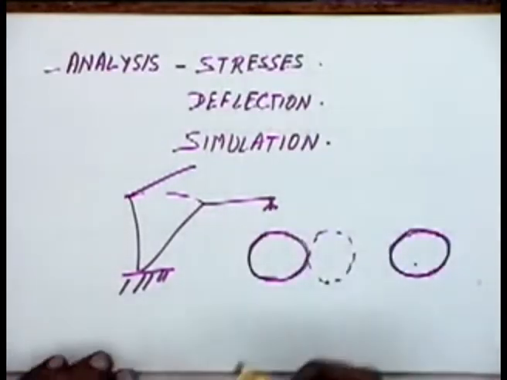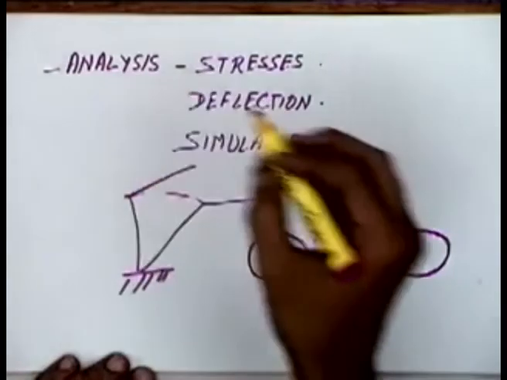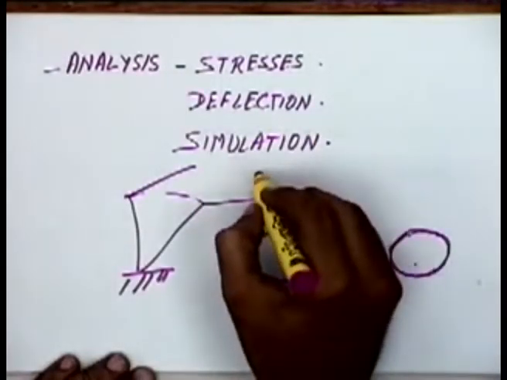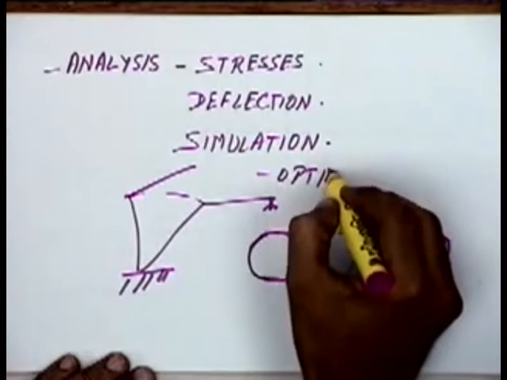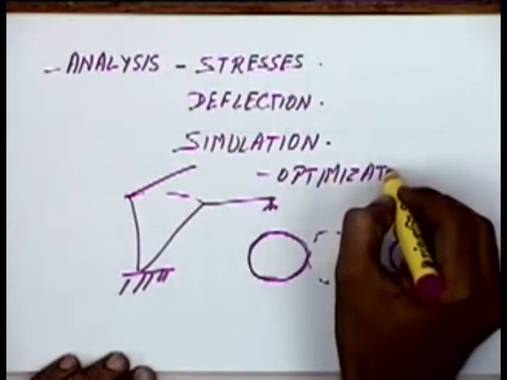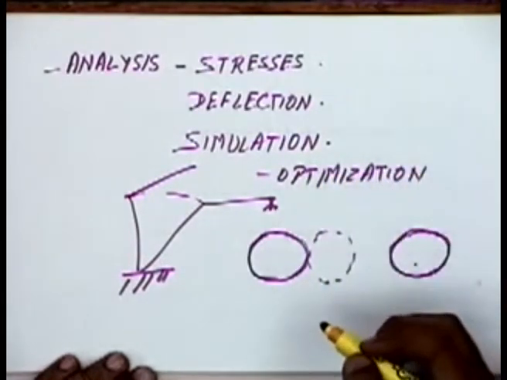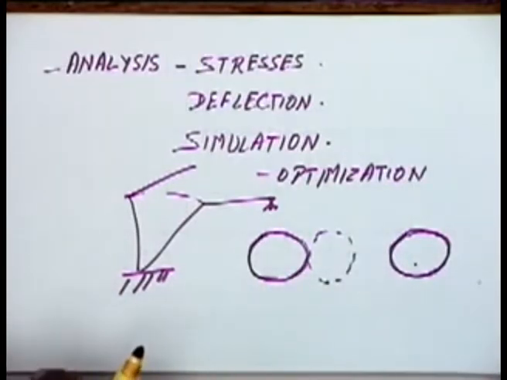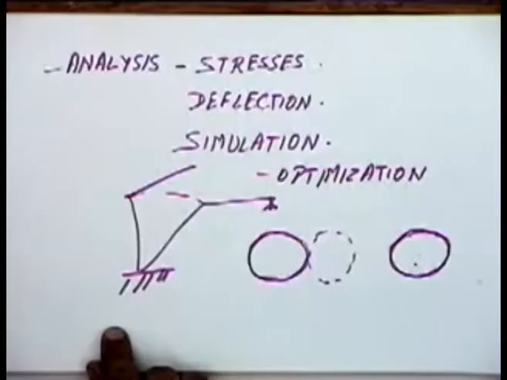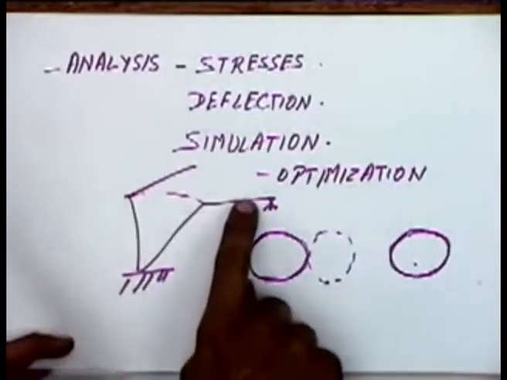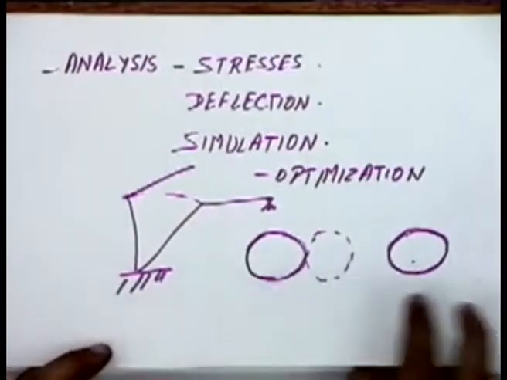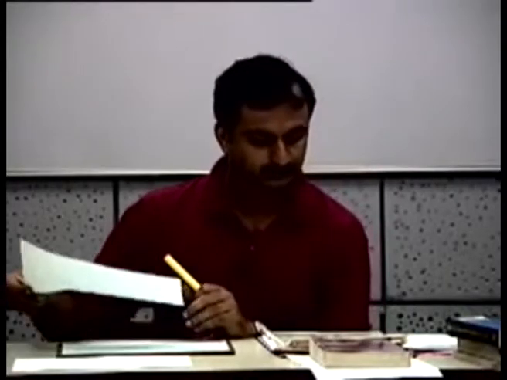And of course, under analysis, we have already mentioned optimization. If we have the model of an object, we can use it for optimizing the size, the weight, and so on, for different criteria. So the model that is created can be used for any of these activities.